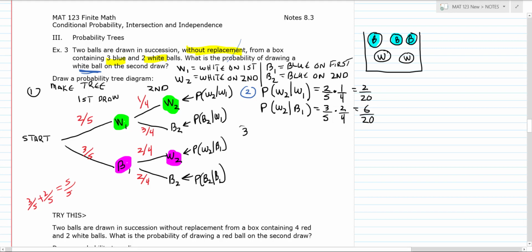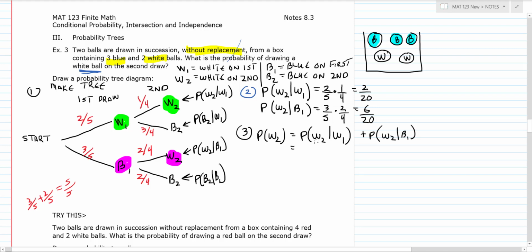So in step 3, this is where we start putting it all together. We've already figured out all these probabilities. The probability of a white on the second draw is going to be the probability of getting a white on the second, given white on the first, plus the probability of getting a white on the second, given that you had a blue on the first.